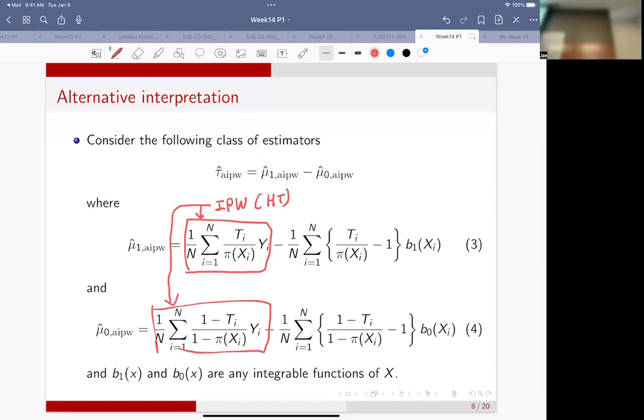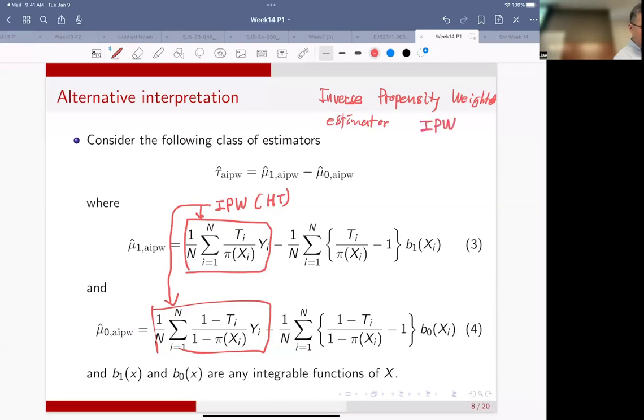Without this term, this is just based on the propensity score, the inverse propensity weighted estimate, IPW.